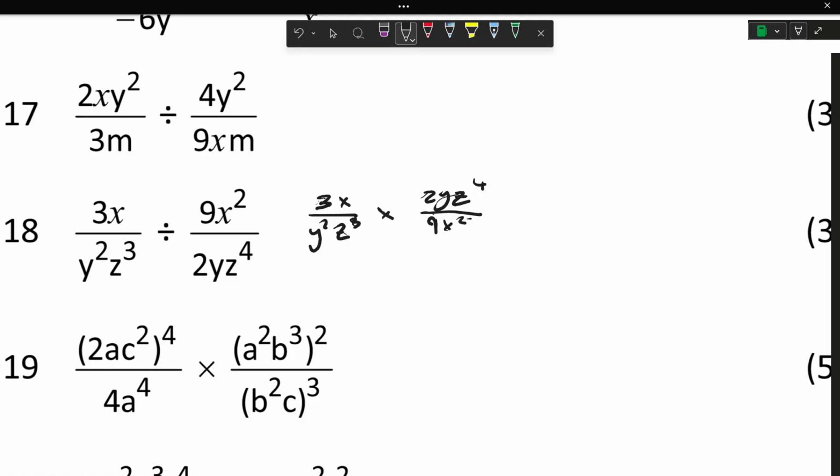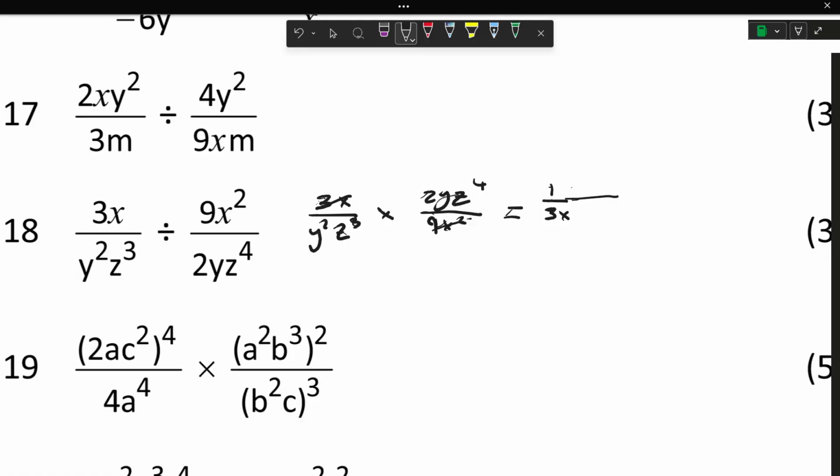I'm trying to think of the shortest way to approach this problem. So we're going to have 3x over 9x squared, so it'll be 1 over 3x, because we've cancelled the 3x and the 9x squared. And what's left is 1 over 3x.